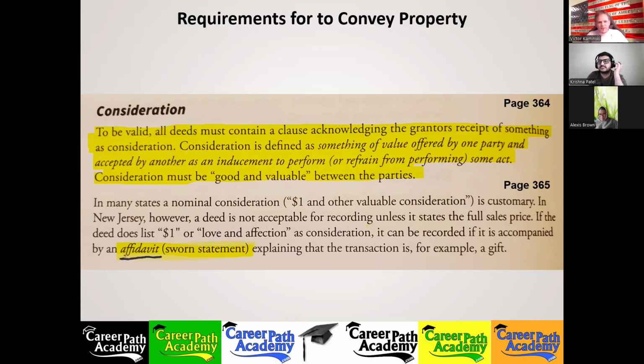Oh, okay, at the top of the page, 364. It's not there. Consideration is on page 364 at the bottom of the page. And affidavit, sworn statement, that's at the top of 365. Okay.